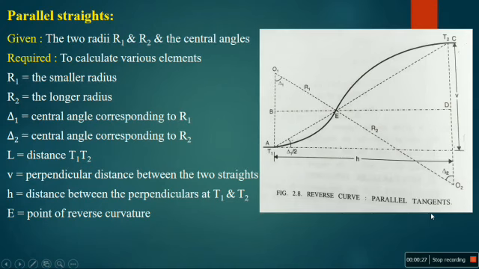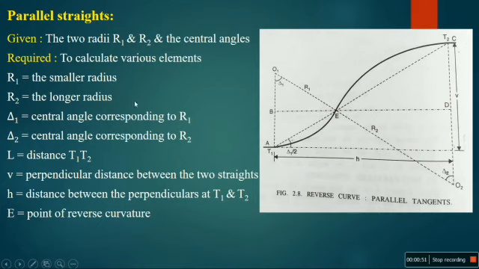And one more: this is one tangent and one more tangent is here. These two tangents are parallel to each other. This type of reverse curve is called parallel straights. As per your syllabus, only parallel straights are there.